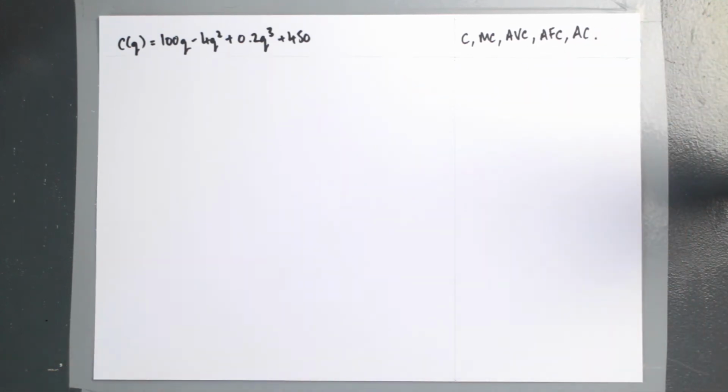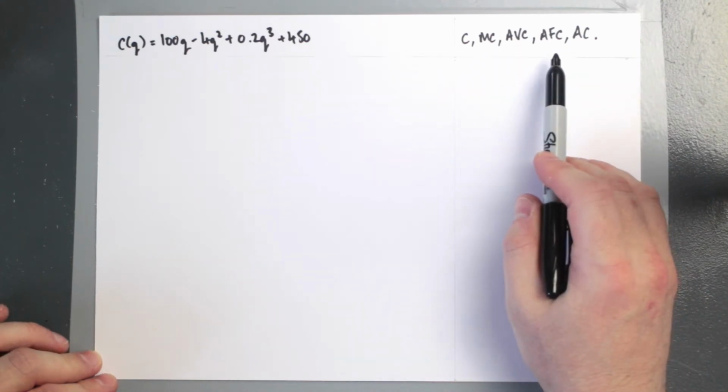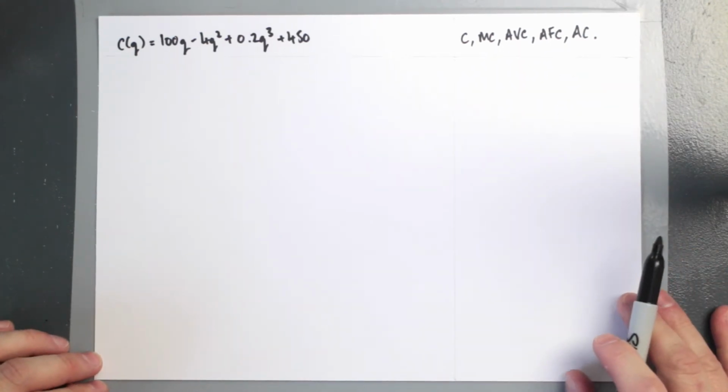Okay. So I'm going to approach this in a similar way to the short-run production lecture, where I'm basically going to gather as many facts as I can, firstly about the general shape of each of these particular functions. But as I'm drawing a diagram, I'm going to draw the marginals and these various average cost functions on the same diagram.